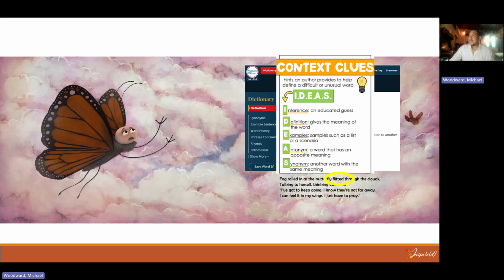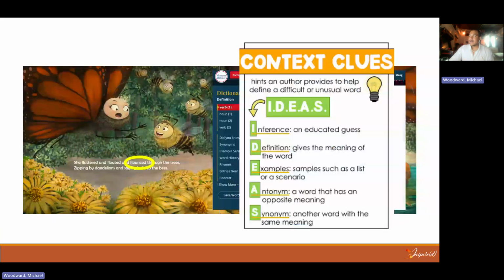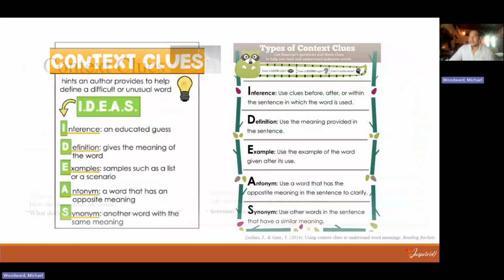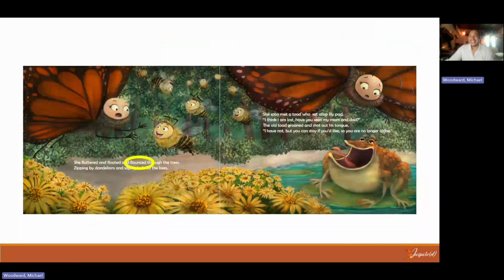For me, I think it was illustration. And if we go back to Reading Rockets, hold on, it talked about example or illustration. And I used the illustration. I illustrated, because number one caveat, I have to compete with my illustrators. They're really good.